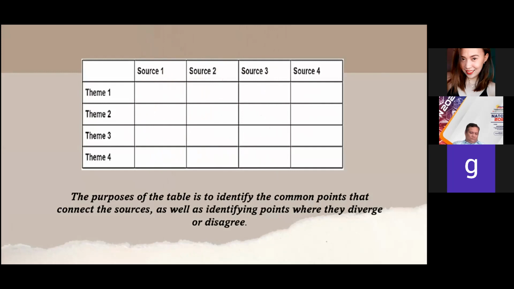Each row is labeled with a specific concept, topic, or theme that recurs across all your sources. Then for each source, you summarize the main points or arguments related to the theme. The purpose of the table is to identify the common points that connect the sources, as well as identifying points of disagreement.